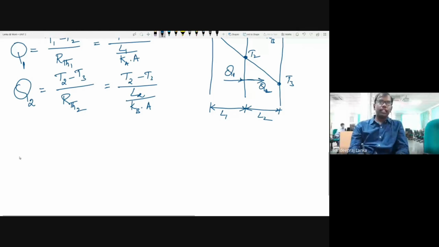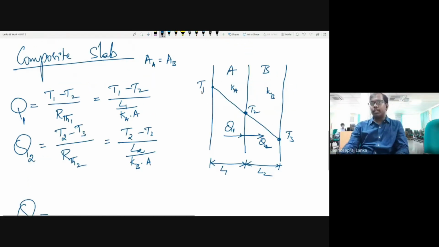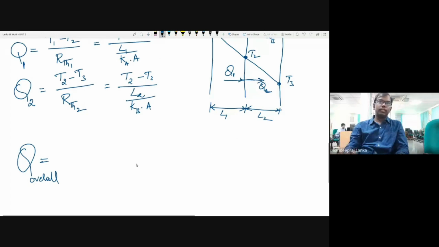Now, if I take this overall Q, this has to be written in terms of the initial temperature and the final temperature. Initial one is T1 and final is T3. So for that, T1 minus T3 by RTH1 plus RTH2.